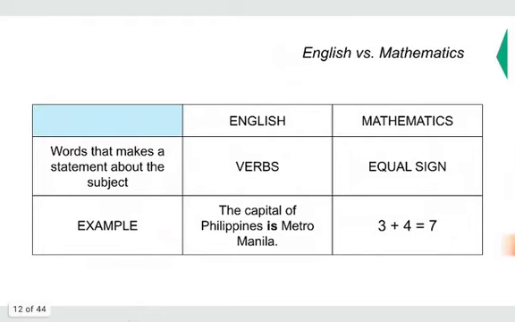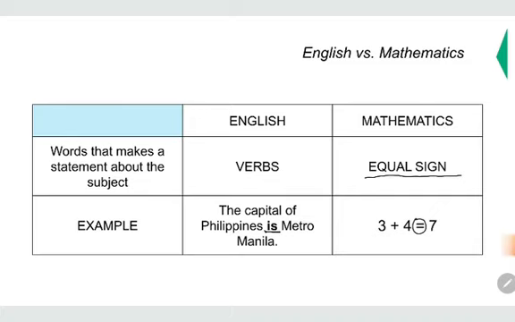In English, there's a term called verb. These are words that make a statement about the subject. For example, in this one, is the verb, diba? It's making a statement about Metro Manila, that Metro Manila is the capital of the country, Philippines. What's the equivalent in math? It's actually the equal sign.